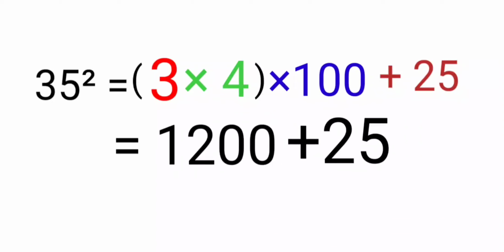The addition of these two is 1225. So the square of 35 is 1225. This is the pattern when we find the square of a number whose unit digit is 5.